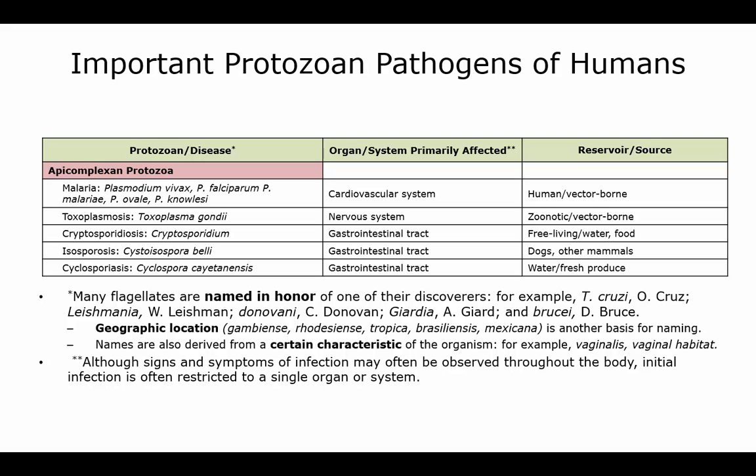Down at the bottom, it tells us that a lot of times the flagellates are named in honor of their discoverers, or the geographic location where you find them, or a certain characteristic of the organism. And the signs and symptoms can be observed throughout the body, but usually the initial infection is restricted to a single organ or an organ system.